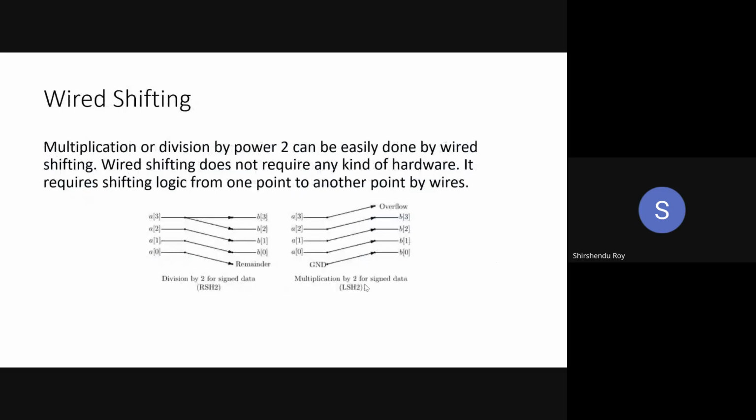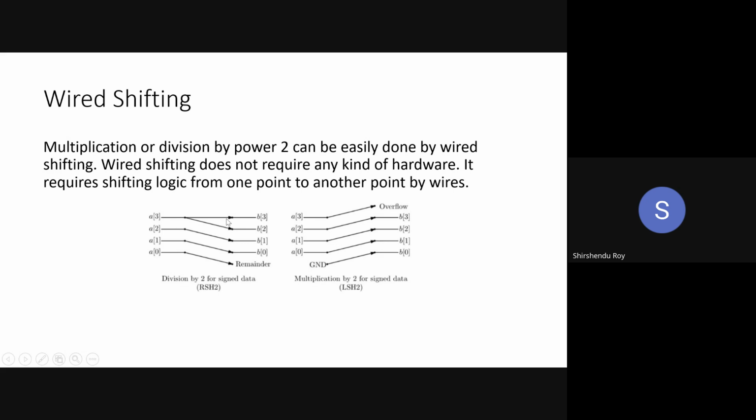Here it is shown another important topic called word shifting. Multiplication or division by a power of 2 can be easily done by word shifting. Word shifting does not require any kind of hardware. It requires shifting logic from one point to another. Basically, division by 2 for signed data is just right shifting and correctly augmenting the MSB sign.